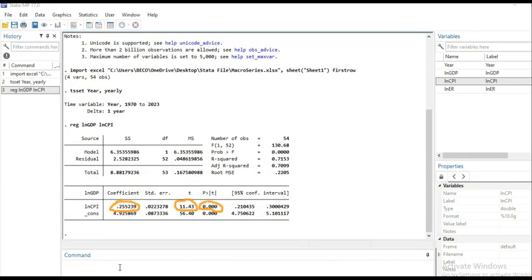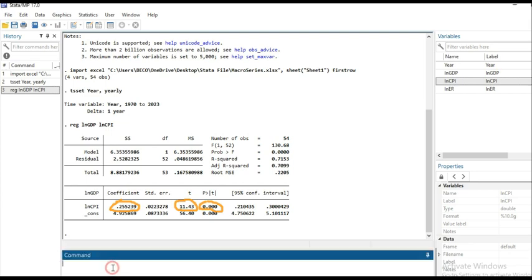We need to extract residuals from this regression using this command. Follow me. Now type this command in the command window: predict, and give any name. In my case, I'm assigning the name XYZ to the residuals.